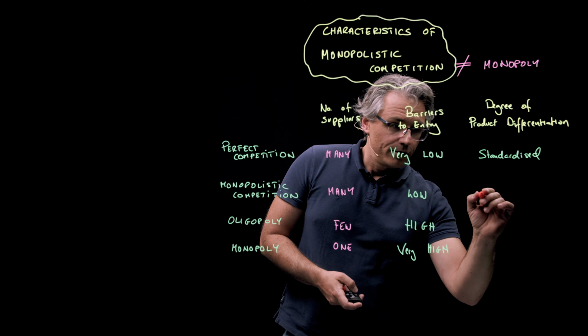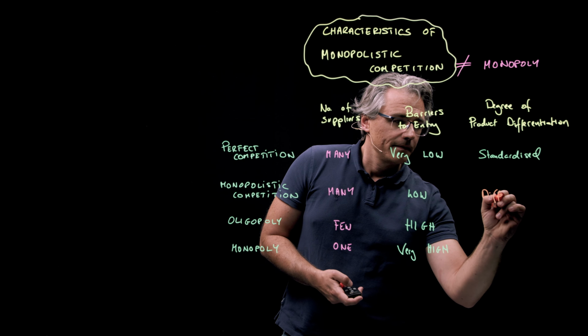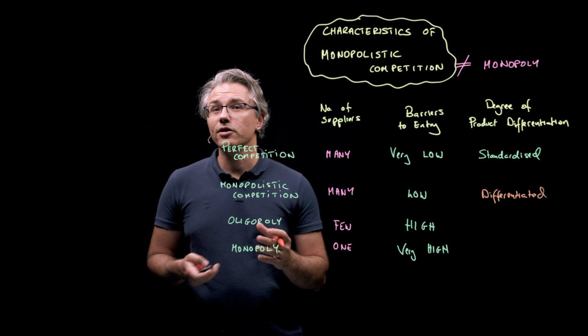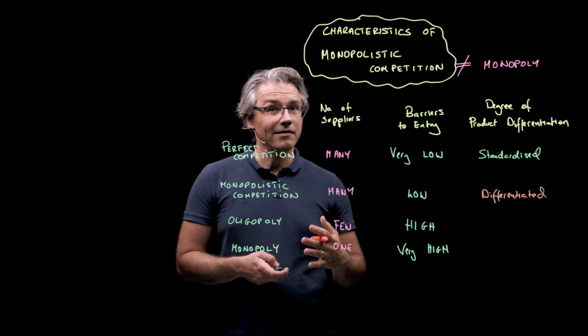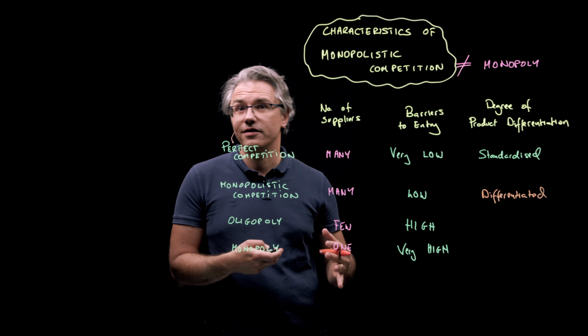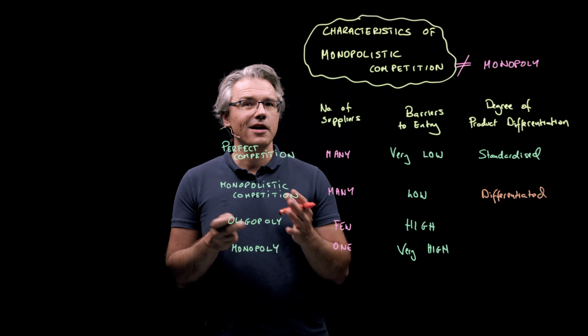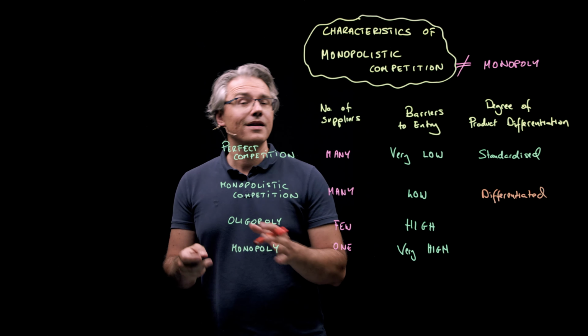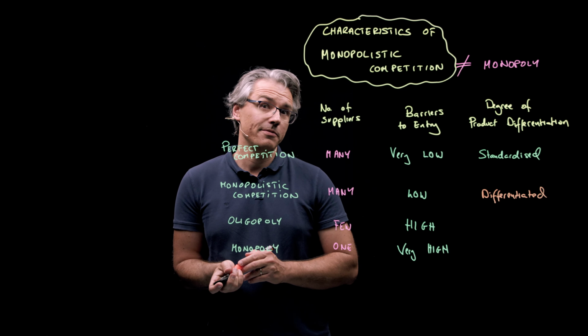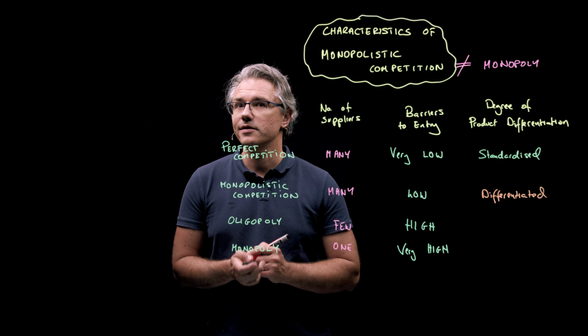And let me write, therefore, differentiated. And because of this, suppliers may actually engage in advertising activities so as to make their products appear better than those of competitors and potentially charge higher prices.